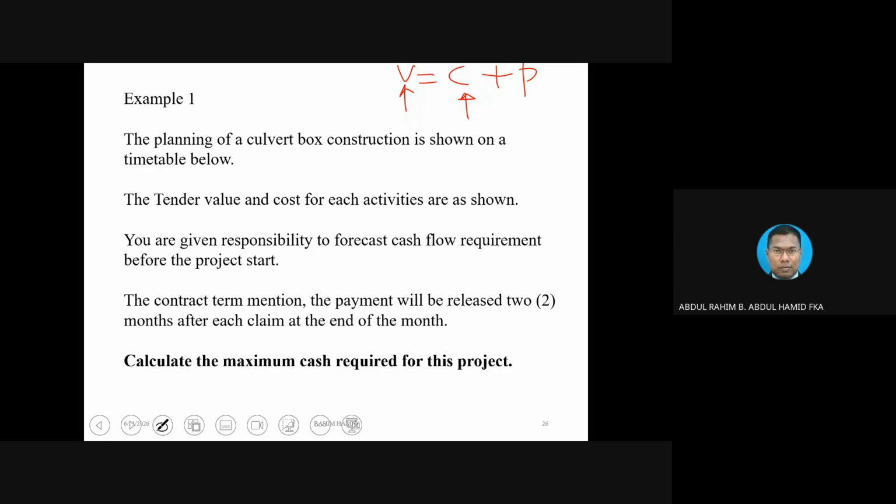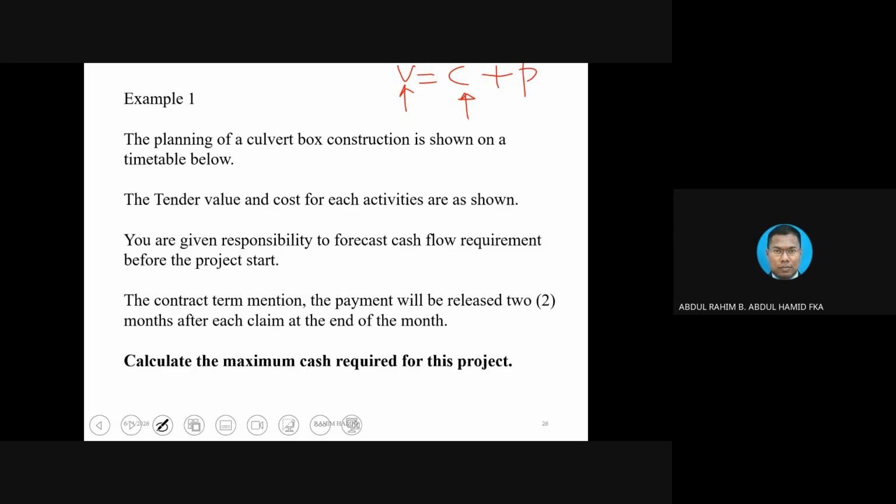The issue is that in the current exam question, we only give you value and profit. If you have value and profit, then you can calculate cost. So please remember this formula very well. Some people, for whatever reason, get confused with this. At the end of the day, if you start your calculation wrongly, the whole thing will be wrong.